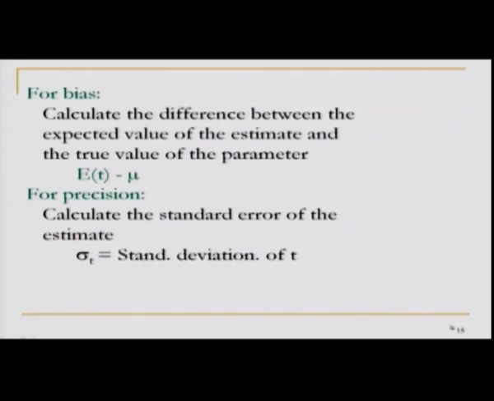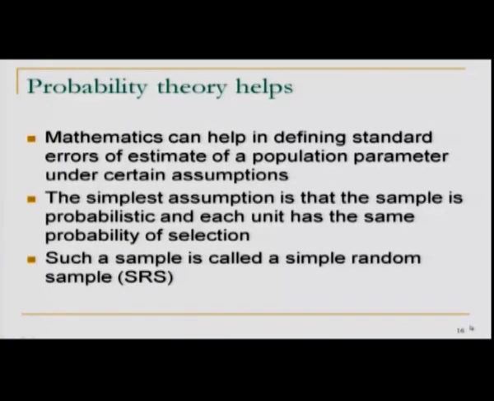For bias, calculate the difference between the expected value of the estimate and the true value of the parameter: expected value of t, if t is the estimate, minus mu, if mu is the parameter. For precision, calculate the standard error of the estimate, or sigma t, the standard deviation of t over all possible samples. Now, probability theory helps.